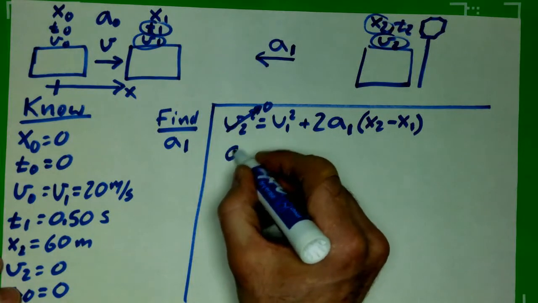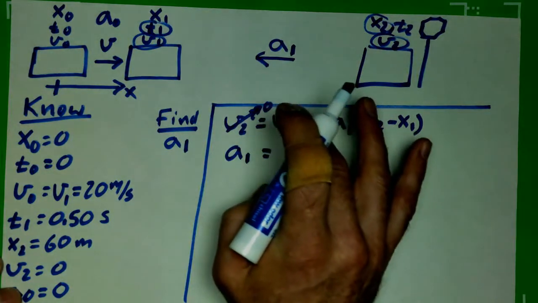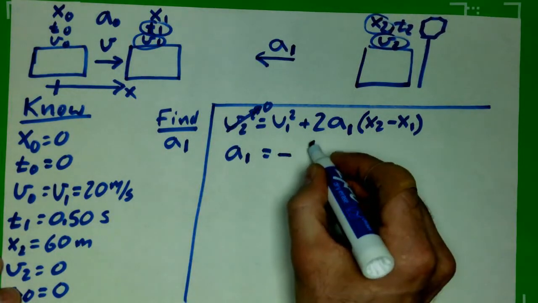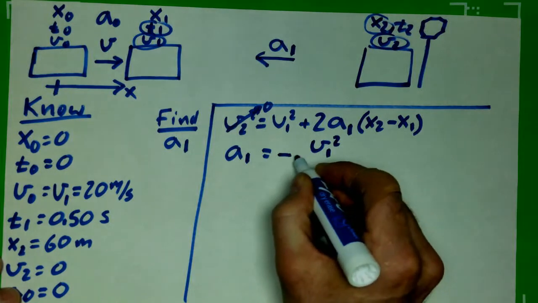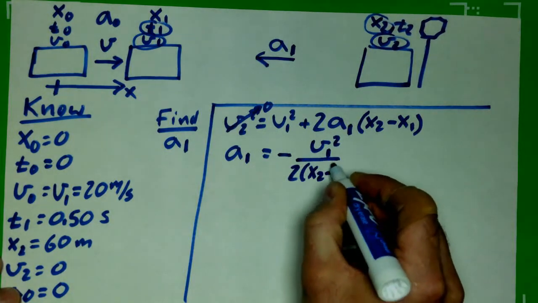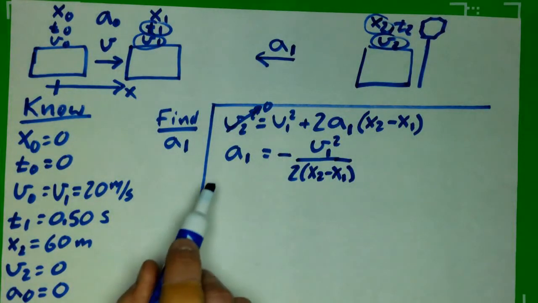So solving for A1, first of all, if I subtract this to the other side, I'm going to have a negative V1 squared over 2 times X2 minus X1. That minus sign is important.